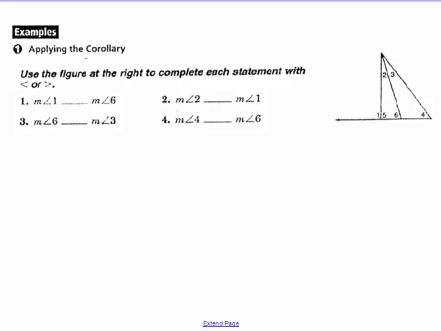If we're going to apply that corollary, we're looking to use the figure at the right to compare these angles. So I'm going to look at angle 1 right here and angle 6 right here. And I'm going to say angle 1 is greater than angle 6.